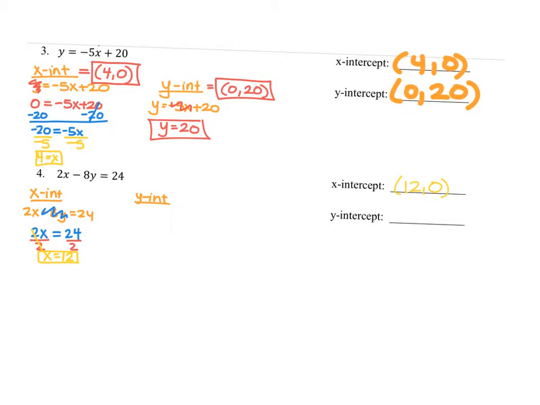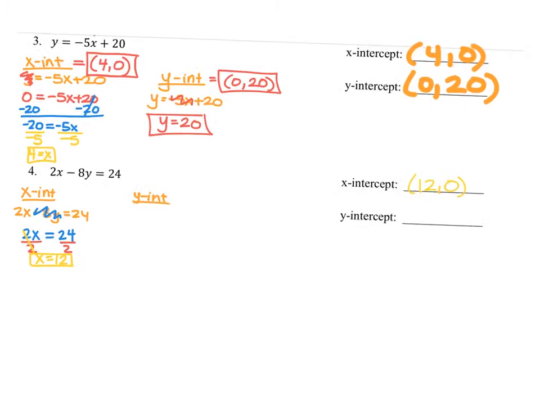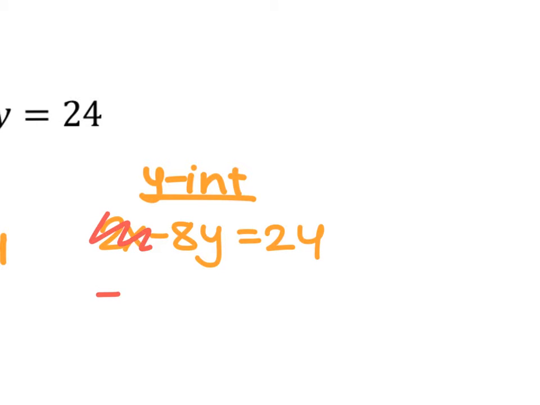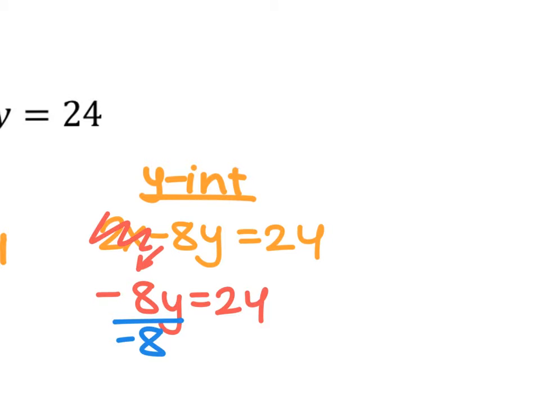Okay, as for my y-intercept, we're going to copy down the equation exactly as we see it. So we have 2x minus 8y equals 24. But this time, we're going to get rid of the x. And don't forget to drop down the negative with the 8. Okay, so I'm going to divide both sides by negative 8.